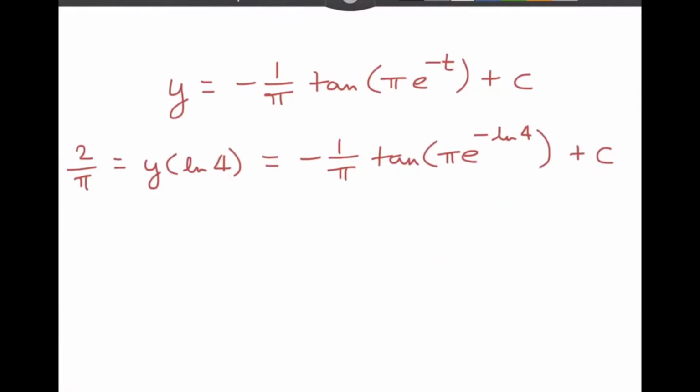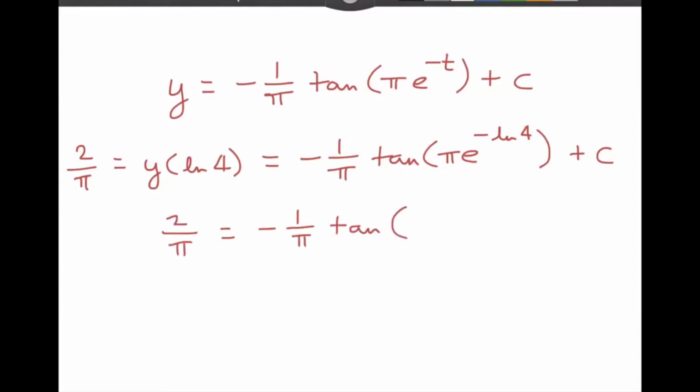And we have enough information here to solve for c. So we have 2 over pi is equal to negative 1 over pi times the tangent of pi.